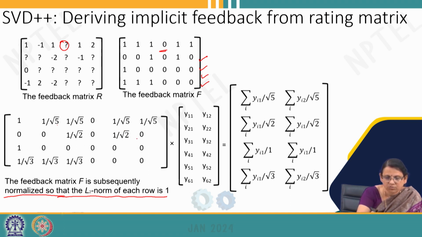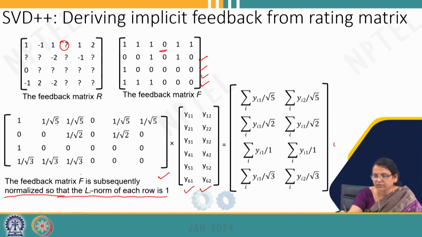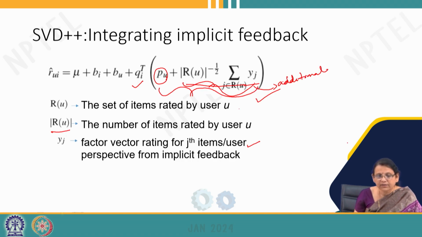Also root 2 here and root 3 here, and we want the implicit feedback from this. So, this is our y value, and we multiply the feedback matrix with this variable y, and we get this matrix. Now, going back, look, this was the average value, which has to be with respect to each u, we are supposed to do it.